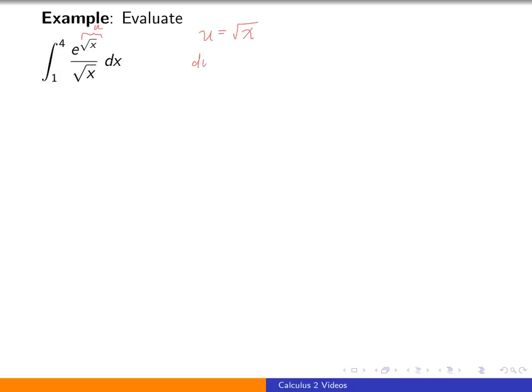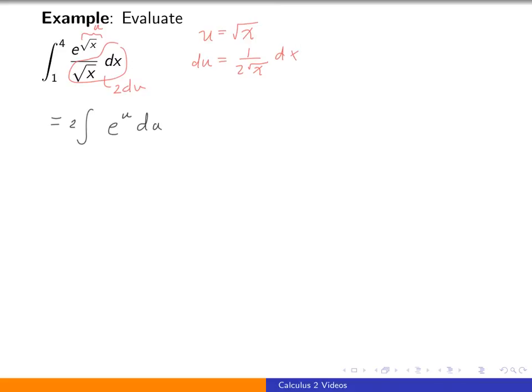The derivative of the square root of x is 1 over 2 square roots of x. So what we have left over in our integrand is not quite du, but if we multiply by 2, we would get du from it. So we can take our integrand and very nicely convert it in terms of u. We have a 2 that pulls out front, and then we would be integrating e to the u du.